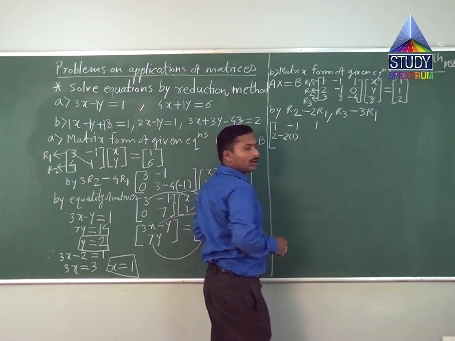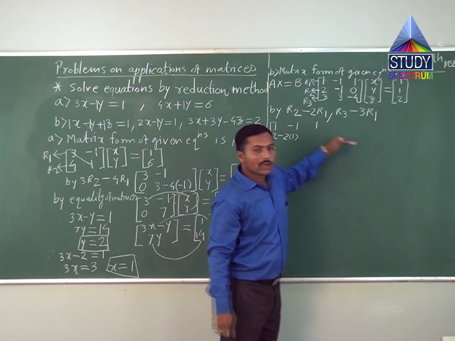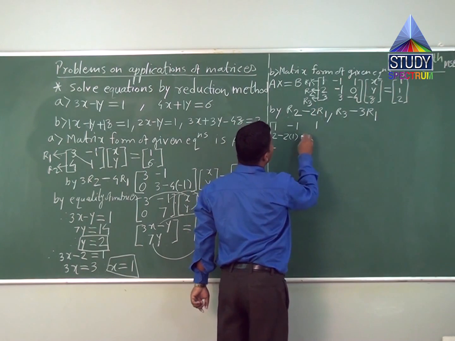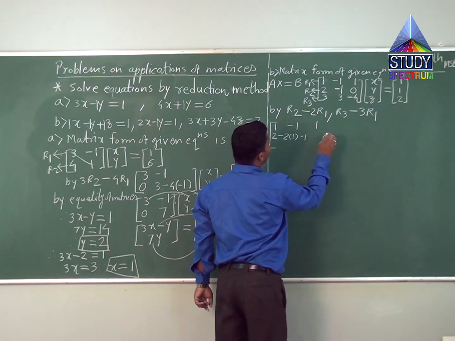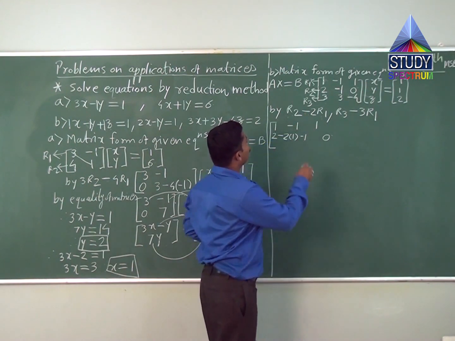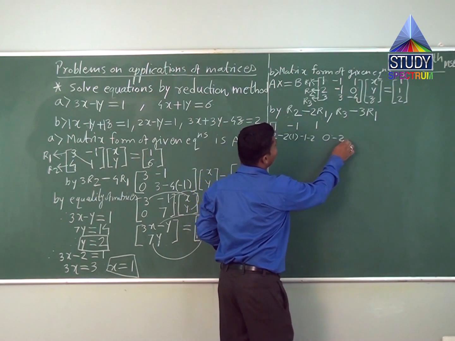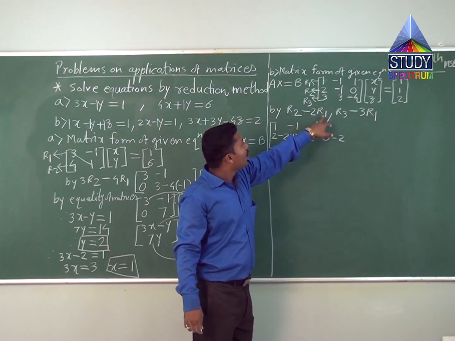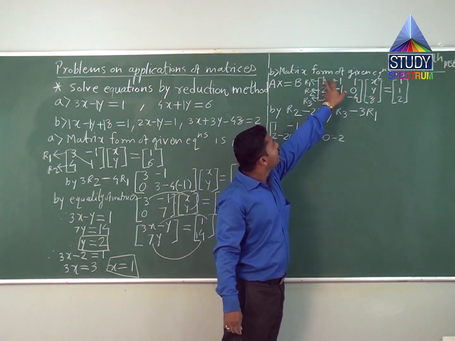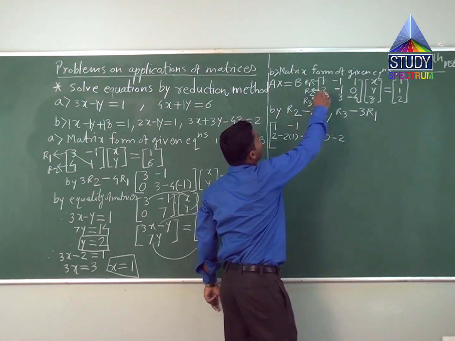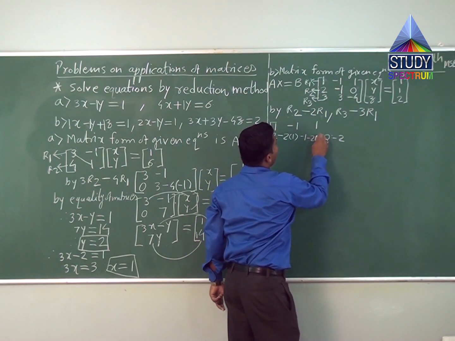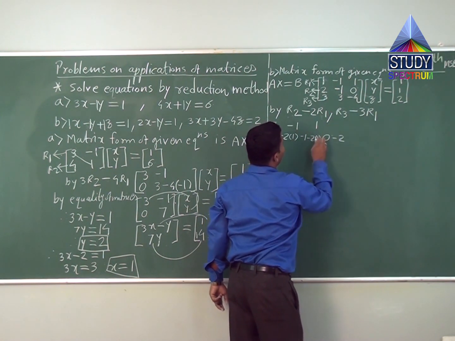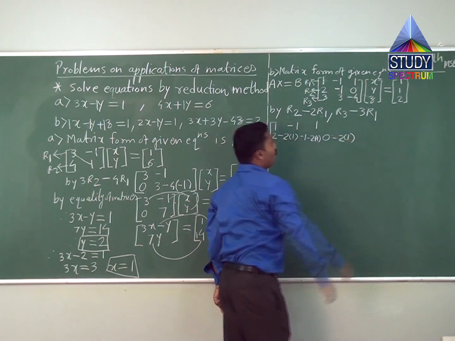Write the second row this way: first write all the numbers of R2, which are 2, -1, 0, then minus 2 times R1: 1, -1, 1.